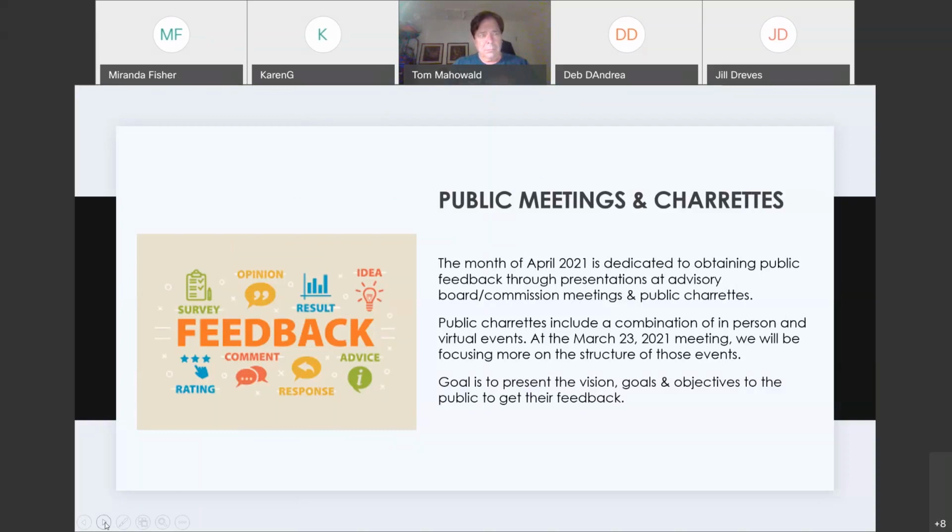But the plan is that the next time we meet on the 23rd, we will have a lot more details about how both the in-person and virtual meetings will be structured. The goal is to get feedback from the community on the vision, goals, and objectives so we can tighten those up and be ready to move on to the specifics phase of setting timelines and the goal for execution.